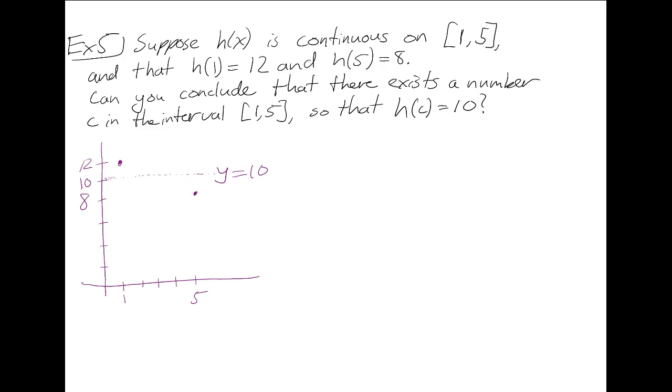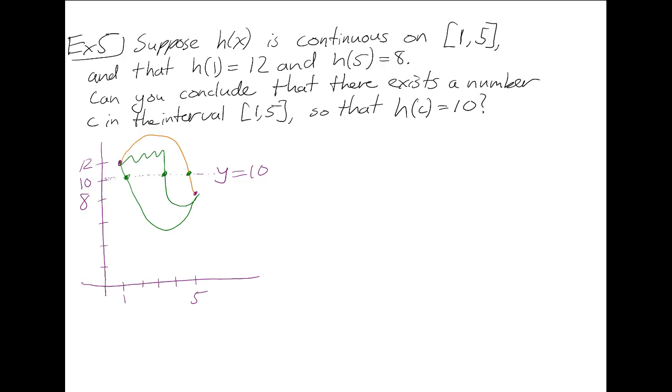And you can probably see by now that you don't know what it's actually shaped like. Maybe it goes up for a while and then it comes down, or maybe it squiggles around a whole bunch and then goes down here, or maybe it goes down right away and comes back. But no matter what, there's always some point here where it crosses the line y equals 10.